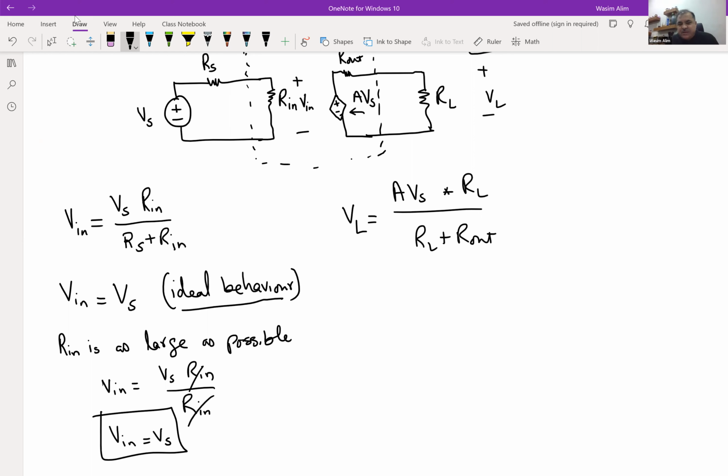Now on the output side, we want the Rout to be as small as possible, right?